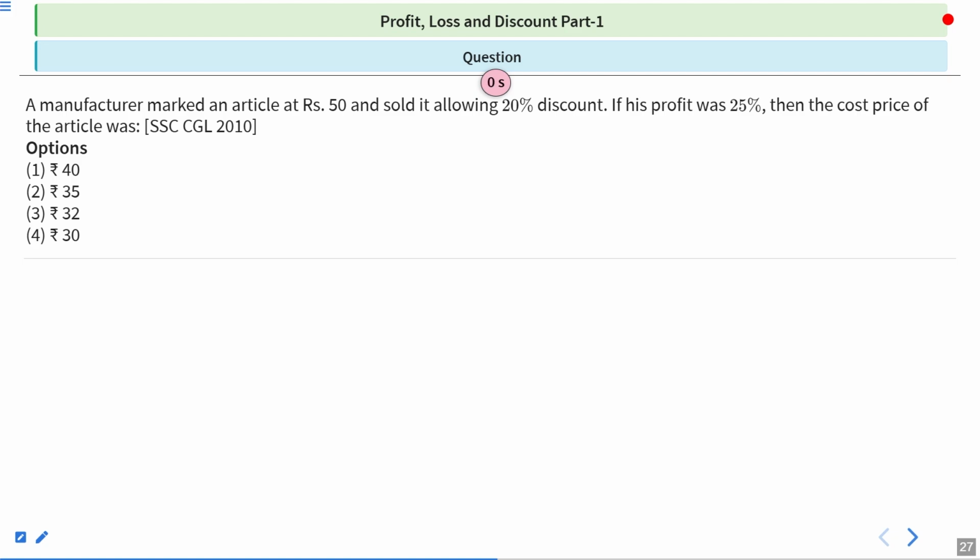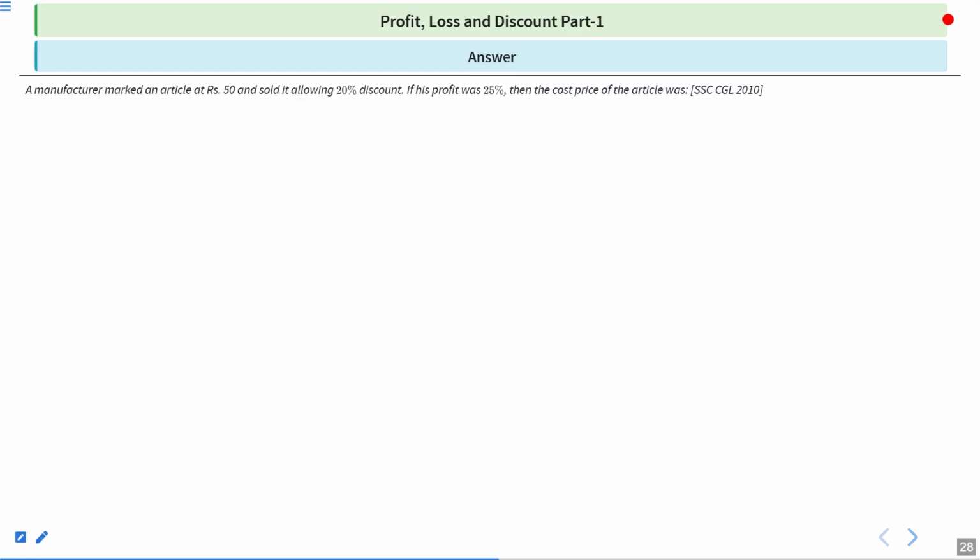Now time's up. Let's see the solution of this question. So the question says that a manufacturer marked an article at 50 rupees and sold it allowing 20% discount. His profit was 25%. So what will be the cost price? It means the 50 rupees is the mark price.